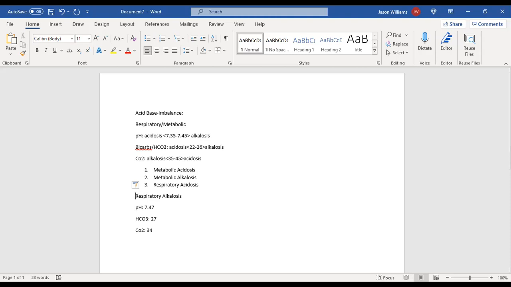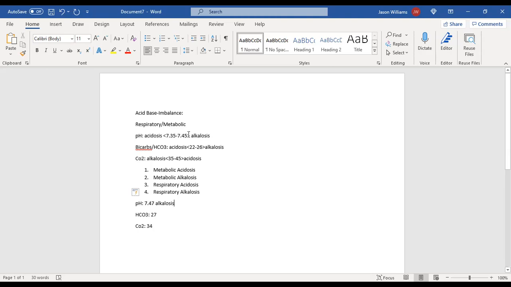The way that you figure it out is first, you look at the pH. The pH is going to let you know if the patient is in acidosis or alkalosis. So looking at the pH, is this patient experiencing acidosis or alkalosis? Alkalosis. The patient is experiencing alkalosis.